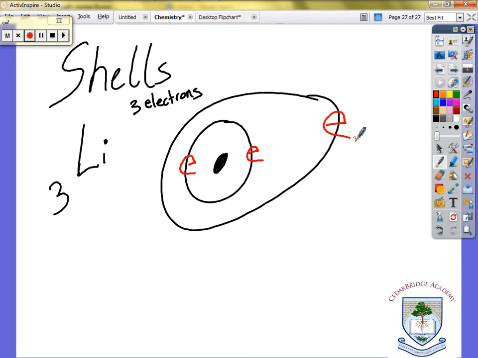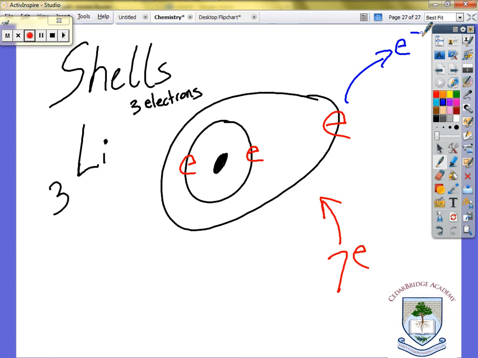Now lithium wants to be full. It wants a full outer shell. So it has 2 options. It can gain 7 electrons, or it can lose that 1 electron. Both of those would make him happy, or her happy, whichever one. And every element wants to reach the status of full outer shell, so that they can become noble gases.